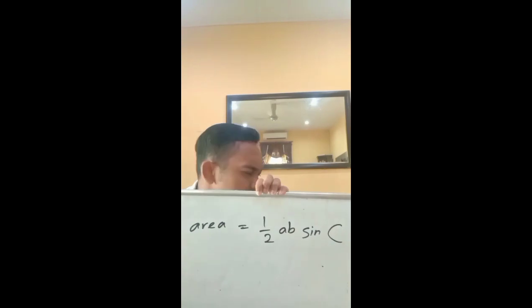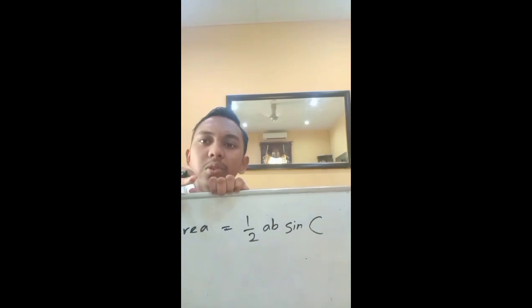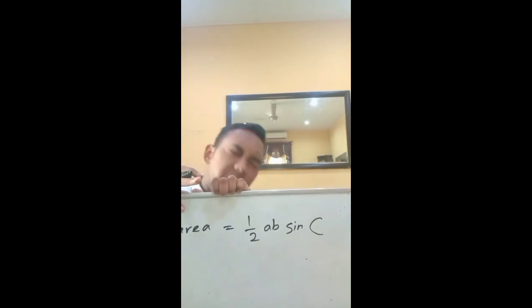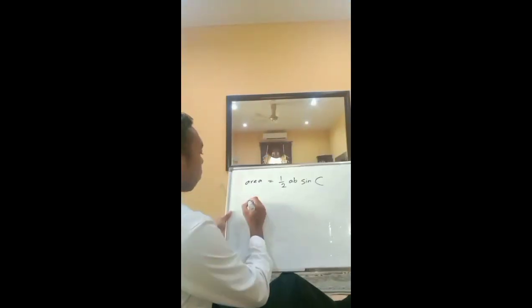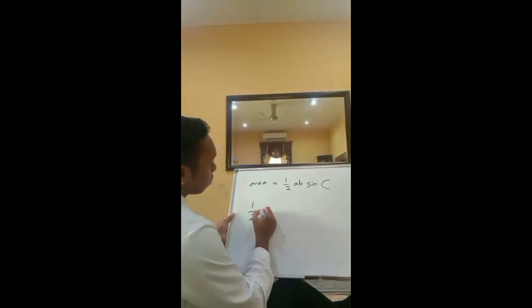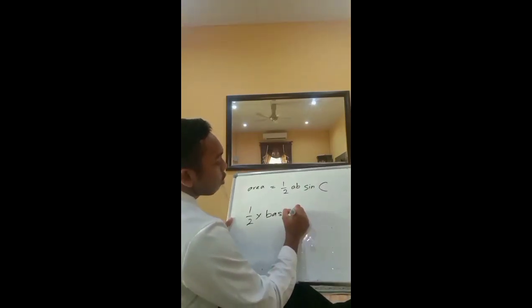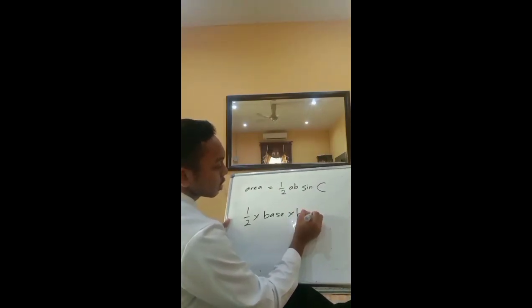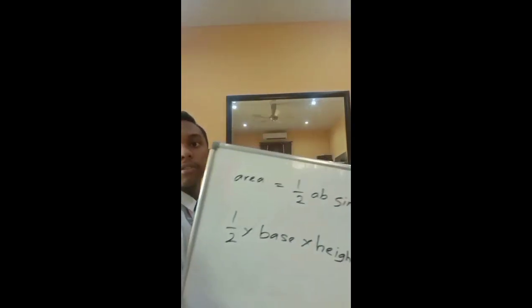This formula is useful if you don't know the height of the triangle, since otherwise you need the height for 1/2 times base times height.